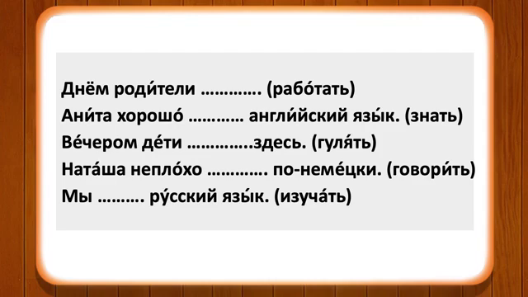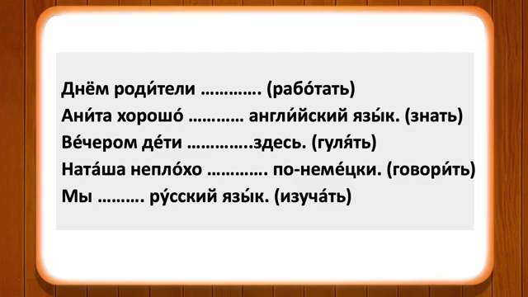So verb is работать, which is a first conjugation verb. So the ani form would be работают. The answer would be днем родители работают. Днем родители работают. The next sentence is Anita хорошо английский язык знать.